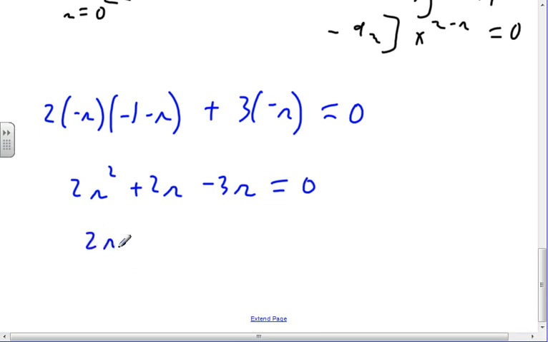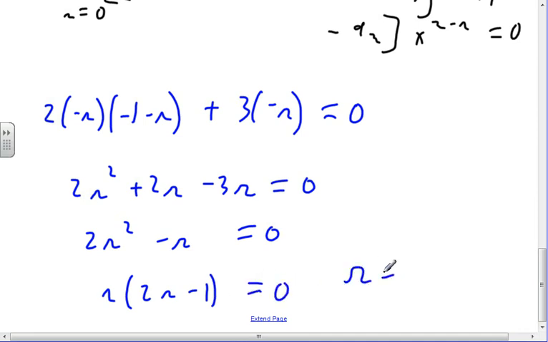I have 2r squared minus r is 0. I have r times 2r minus 1 is 0. So r can be 0 and it can be 1/2. So I have two possibilities of solutions, one with r equals 0 and the other with r equal to 1/2.